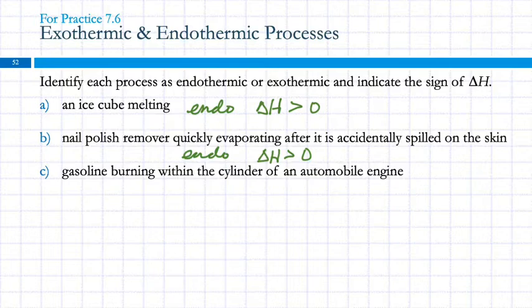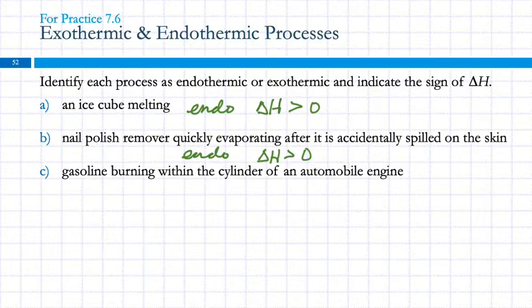Gasoline burning in the cylinder of an automobile engine. Well, I've never directly observed that. No, you haven't, because it doesn't happen when you cut the engine open. But what do we know about stuff burning? It loses heat. It gives heat off to the surroundings.